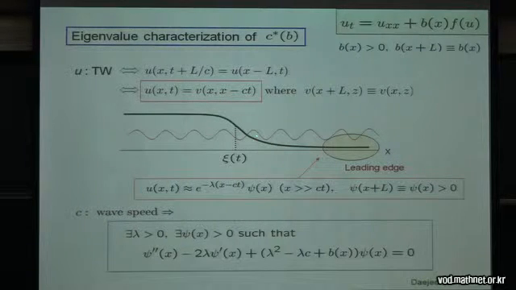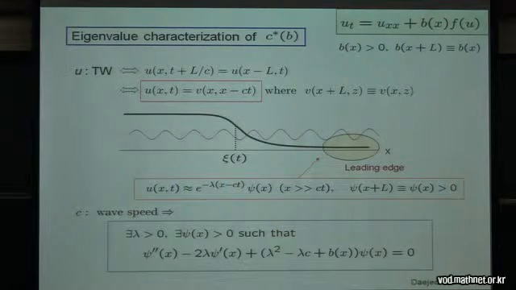So the profile of v with fixed x just looks like this more or less. It goes to 1 as z tends to minus infinity, and goes to 0 as z tends to infinity.